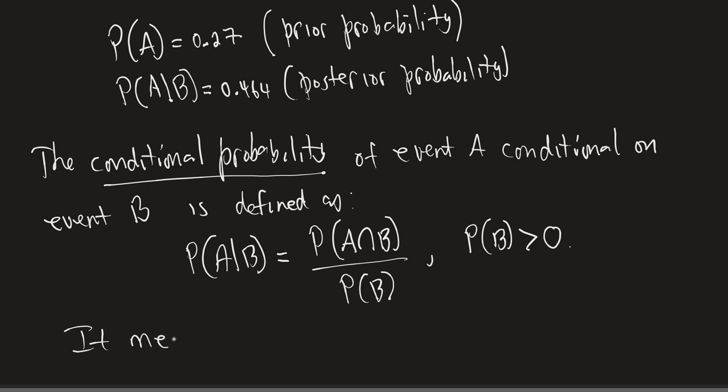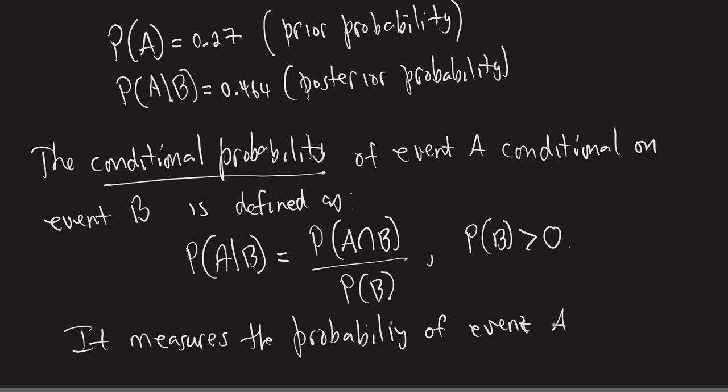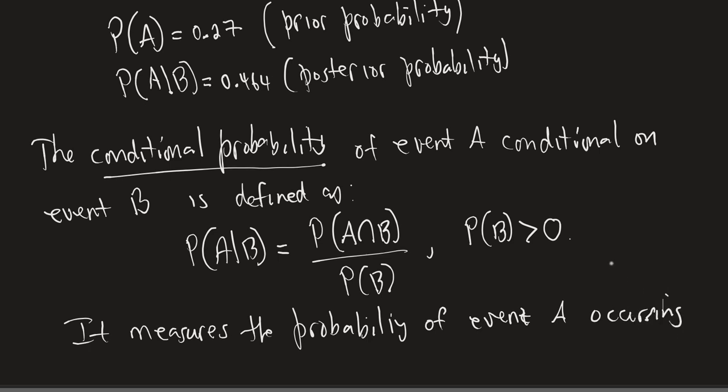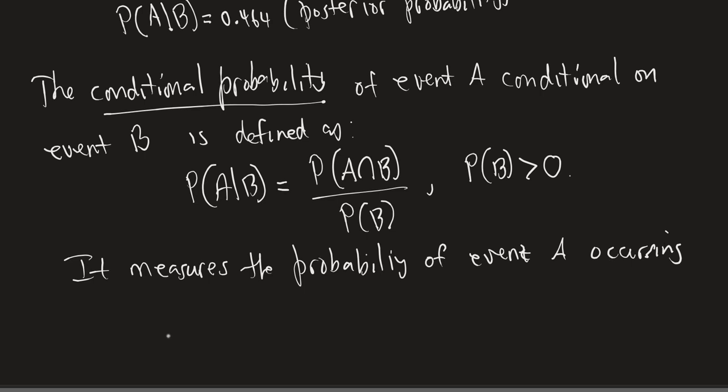And again, let's have this formally stated. What does it measure? It measures the probability of event A occurring when it is known that B has occurred, right?